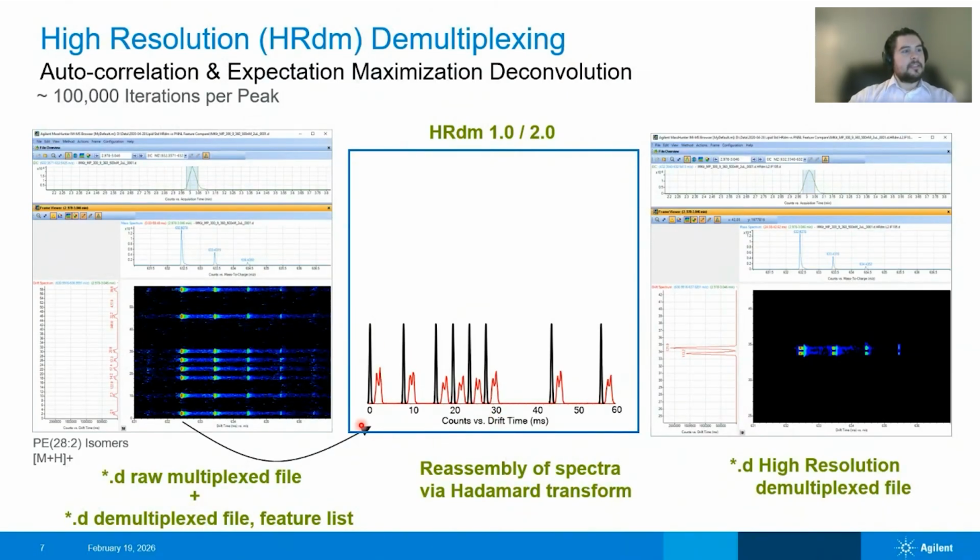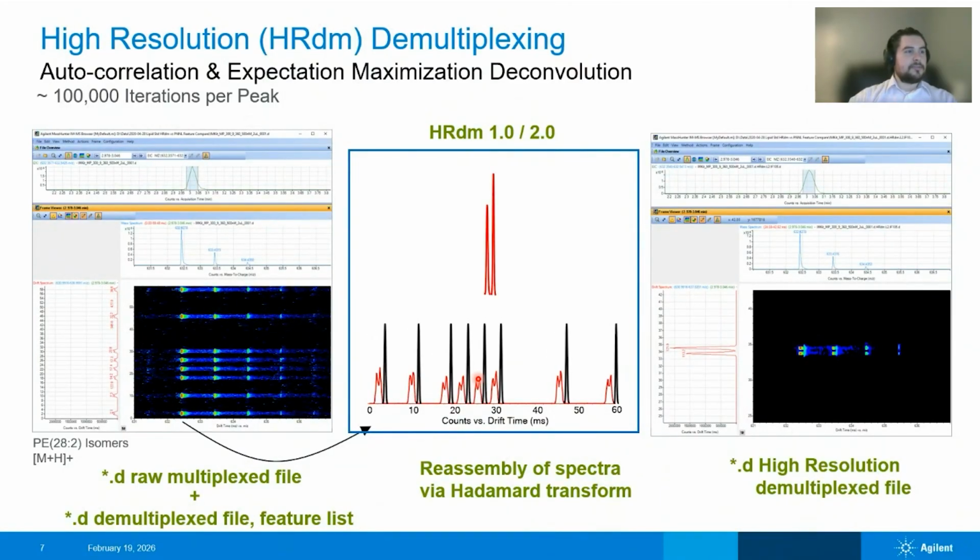Because this is a pseudo-random sequence, we can use a Hadamard transform to convert that back to a single drift time, using a demultiplexing algorithm. We use the Hadamard transform to demultiplex, but then we can also apply an expectation maximization deconvolution algorithm to help increase the resolution if we have some sense of having two peaks being resolved.